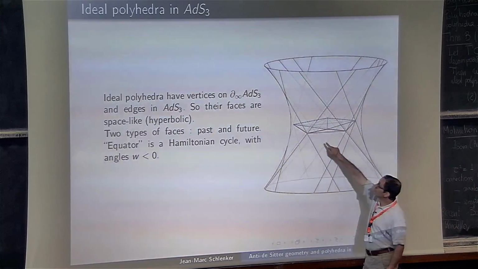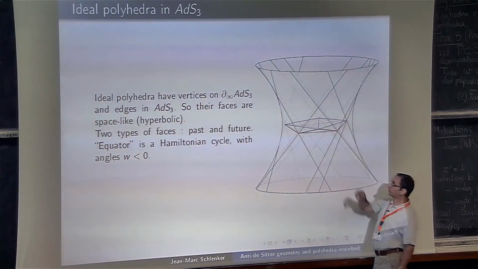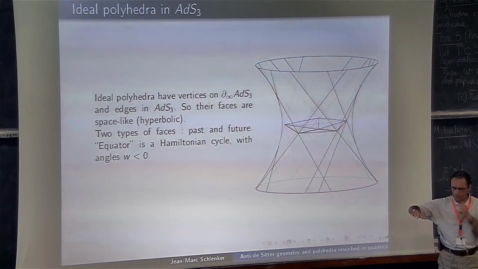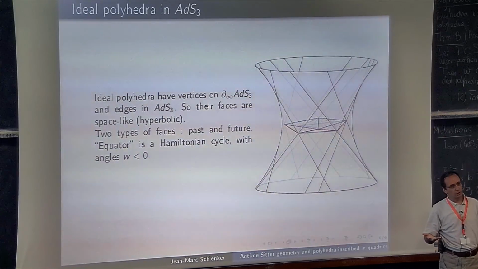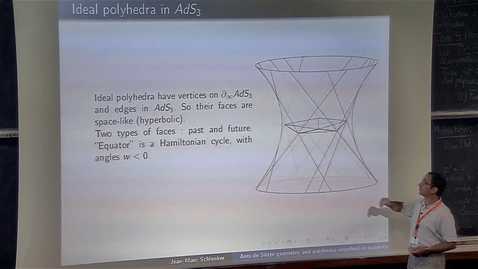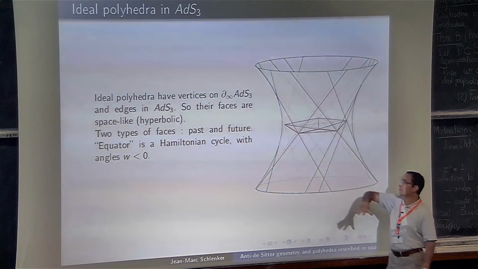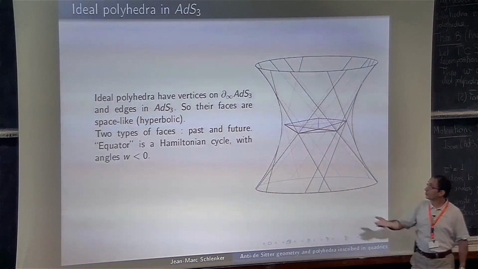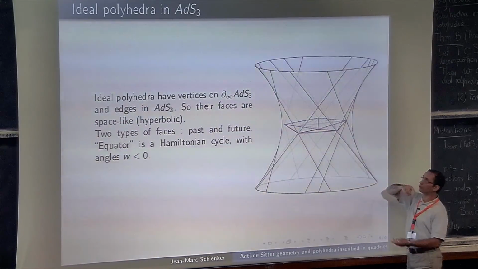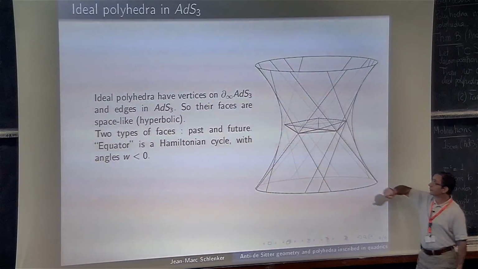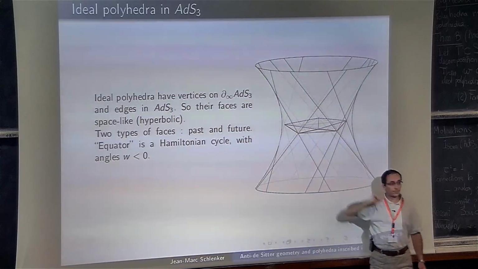If you look at this, the red edges are the edges separating the future boundary from the past boundary. So what you have in this situation, again, is this disk, which is the future boundary, and the other disk on the lower side, which is the past boundary, and the two are glued along some cycle, which is this red cycle in this picture.